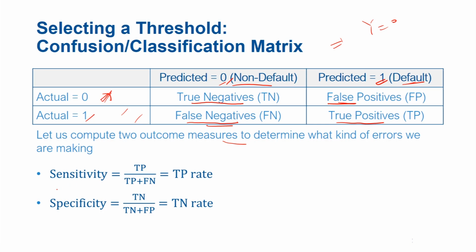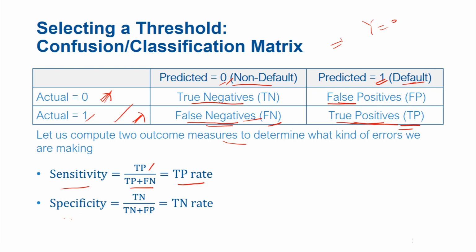First is sensitivity. Sensitivity is nothing but the ability of our model to correctly classify true positives out of total positive cases. So for example, total positive cases are true positives plus false negatives. So actual ones, false negatives plus true positives, are here in the denominator, and in the numerator we have true positives. So this is called true positivity rate.